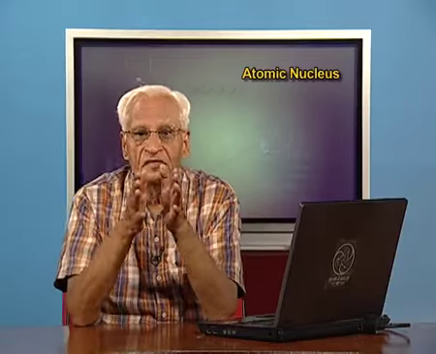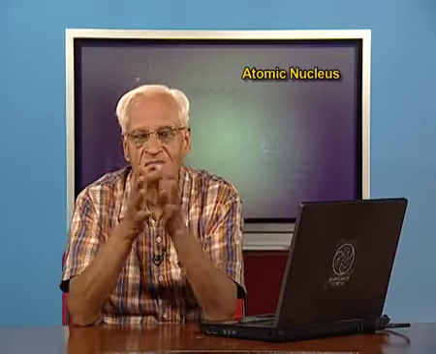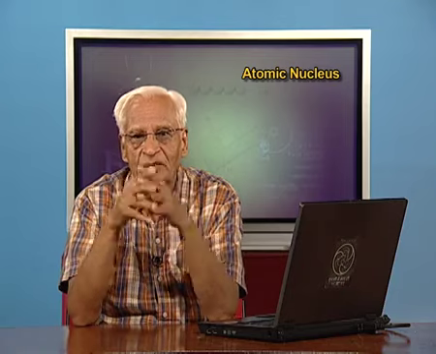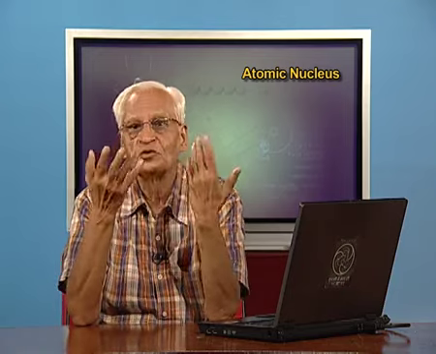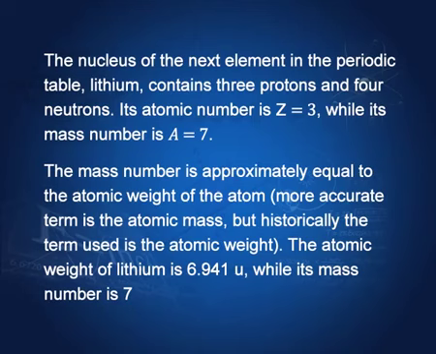Now, so far we have progressed only to helium. Let us see what happens if we go further, say Z equal to 3. The nucleus of the next element in the periodic table, lithium, contains 3 protons and 4 neutrons. Its atomic number is 3 and its mass number is 7.